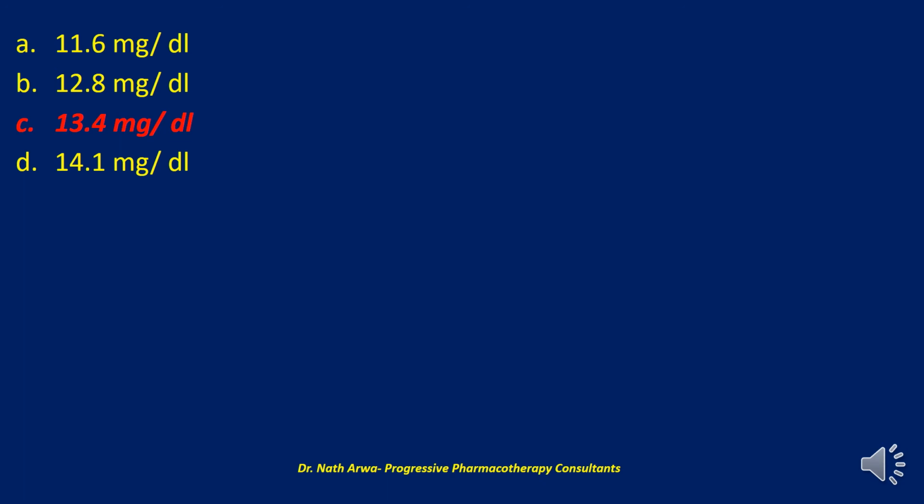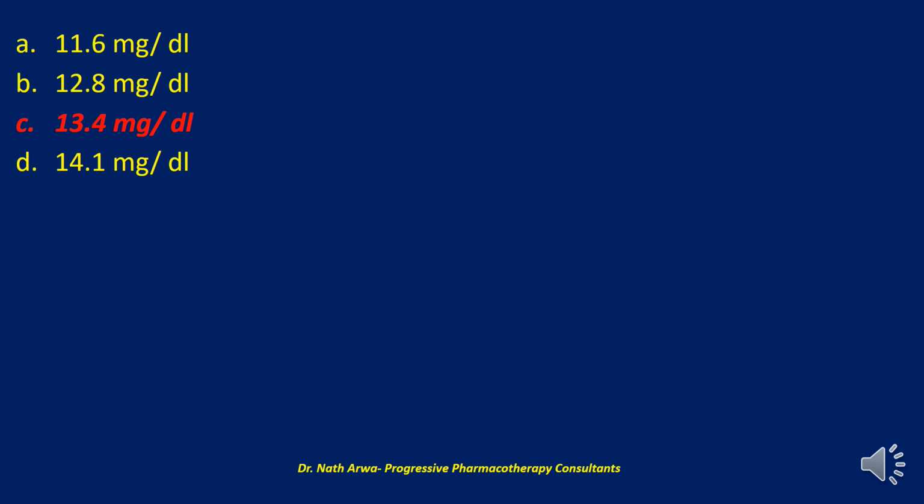Now, corrected calcium can be computed as measured calcium plus 0.8 times 4 minus the measured albumin. So in our case, it would be 12.6 plus 0.8 times 4 minus 3, which gives us a value of 13.4. So free calcium is the physiologically active form responsible for any form of biological action. That is just a by the way.